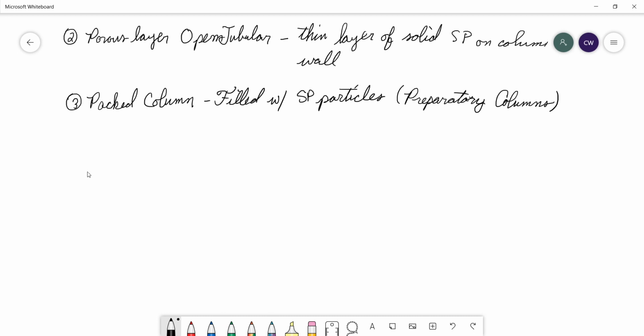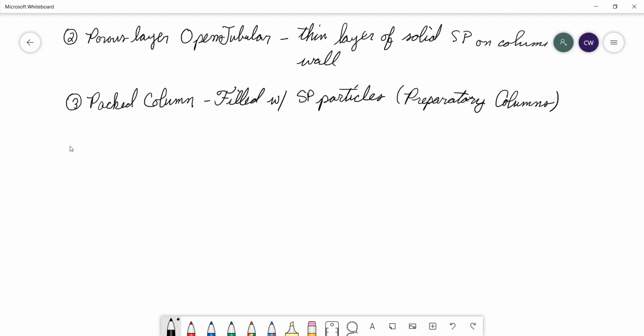It's just not appropriate. They don't separate as efficiently because of that. Okay, and in fact, the packed column exacerbates the path length variable, that A variable, in the Van Deemter equation, where the open tubular and to a lesser extent the porous layer reduce it.